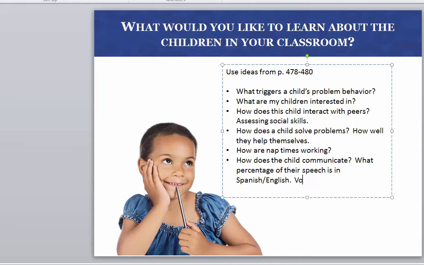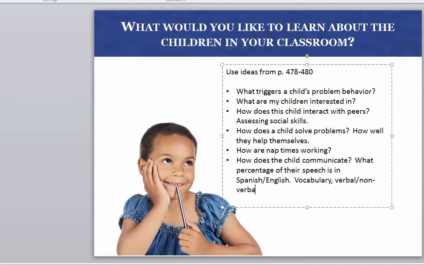You can also figure out vocabulary. You also mentioned if it's verbal, nonverbal. Yeah, not verbal. Okay, I think that's a good start. All right.